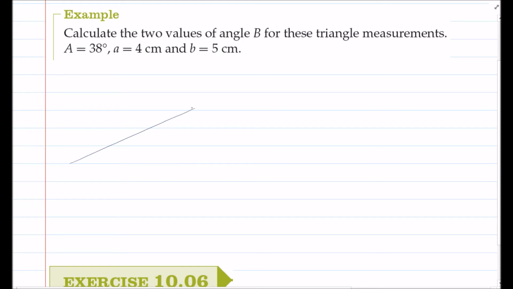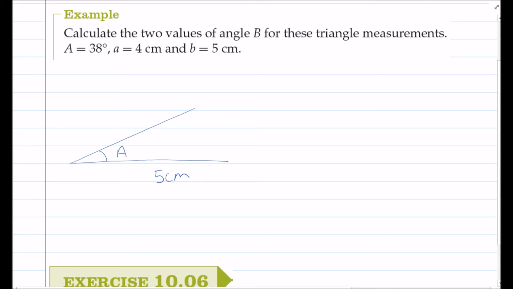We have one angle that's 38 degrees, so let's just say that's 38 degrees there. That's angle A, and we'll call this side here B, and we'll say that that's 5 centimeters.